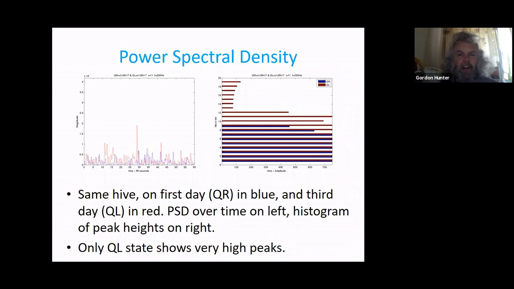We also looked at the spectral density, as it's called, of the power. So effectively the power in the signal between a queenless and queen-right hive, and we found that there were more occasions where the queenless hive had particularly strong spikes in the power spectral density.